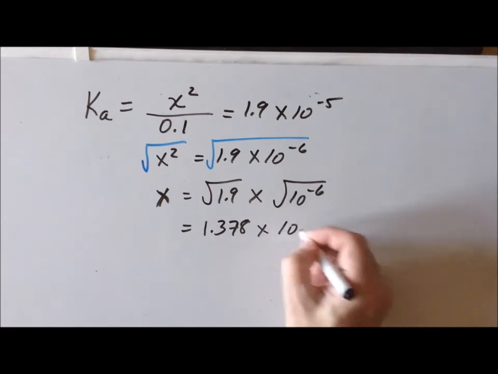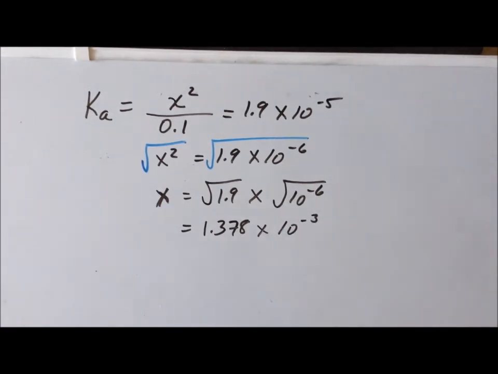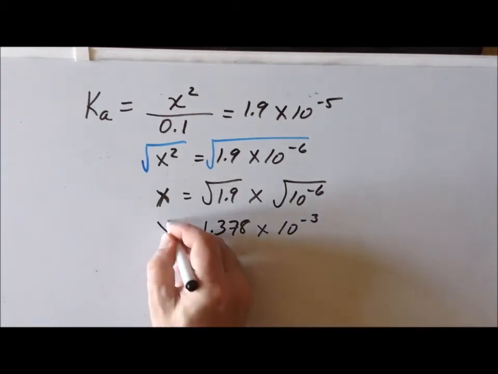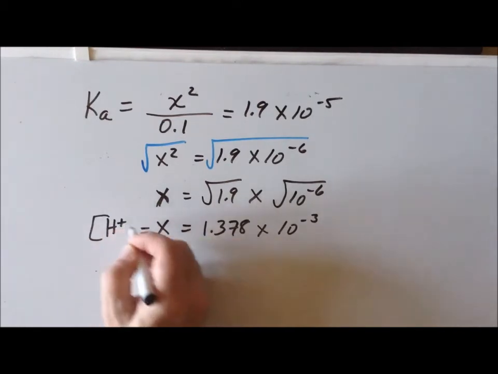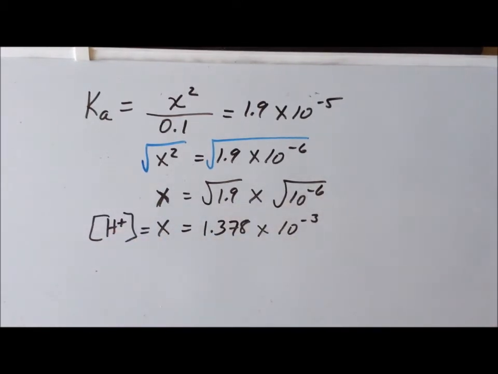I take the exponent and I divide by 2. So I'm able to determine that the concentration of hydrogen ion in solution is going to be 1.378 times 10 to the minus 3.